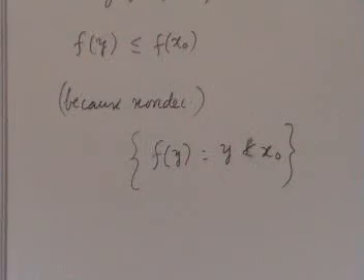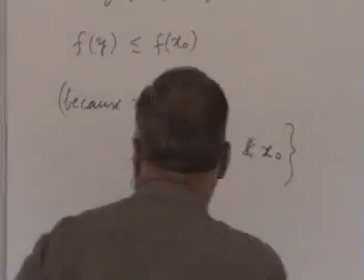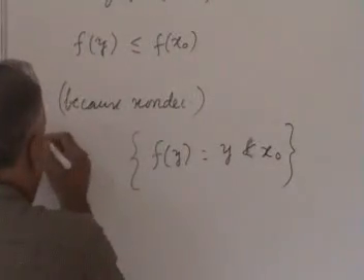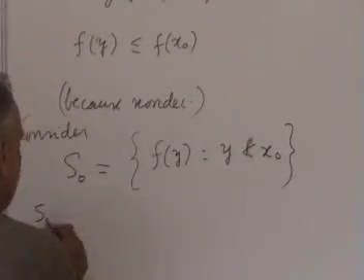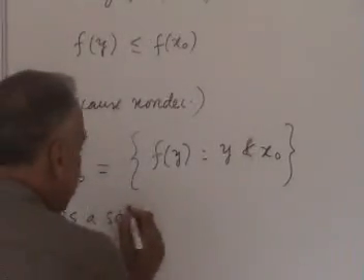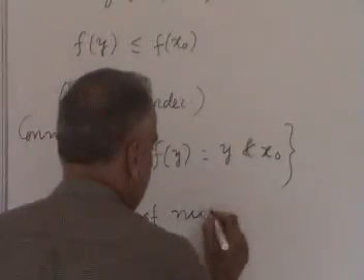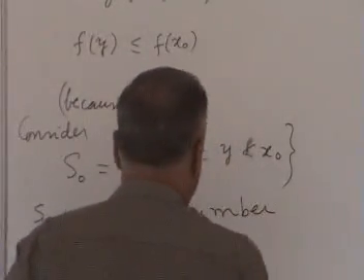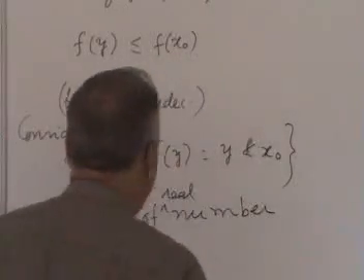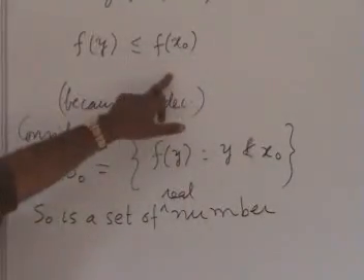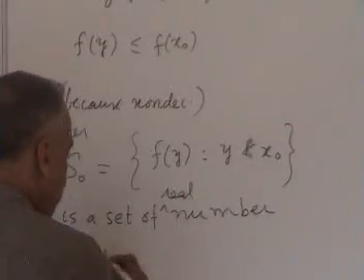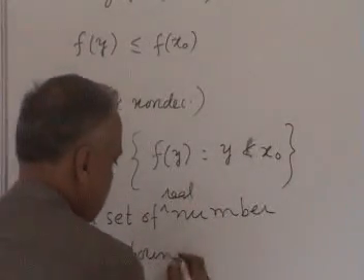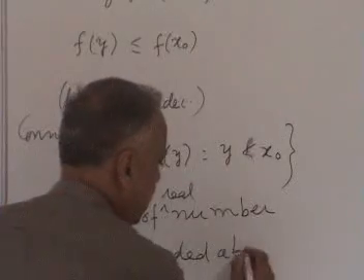So consider S naught, a set of real numbers, and it is bounded above by f(x naught).